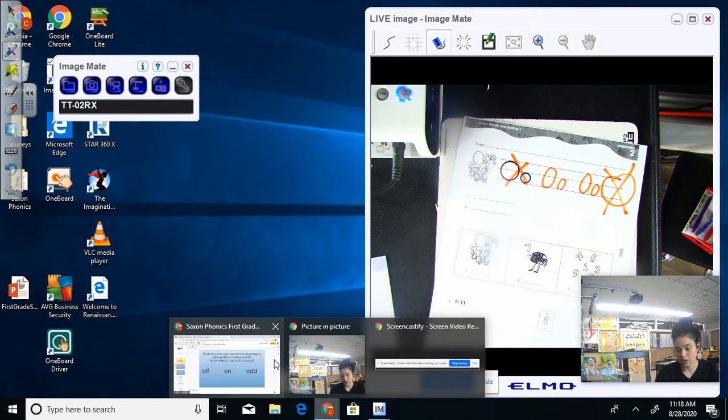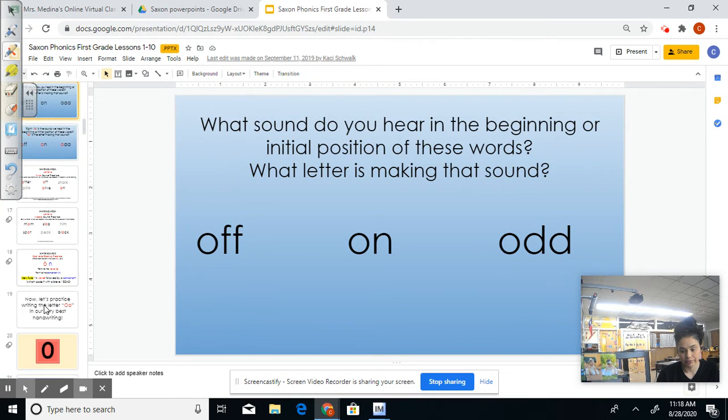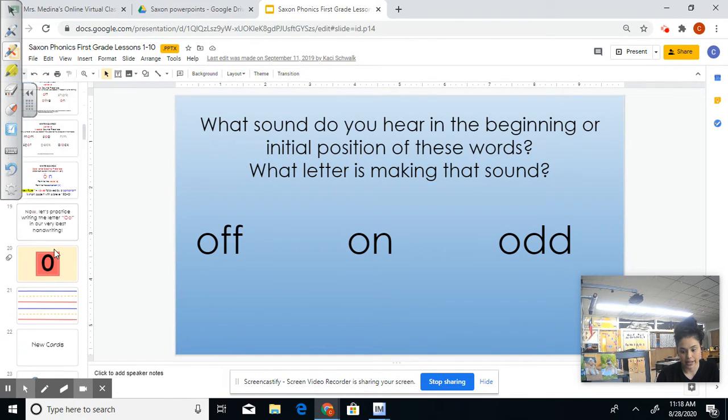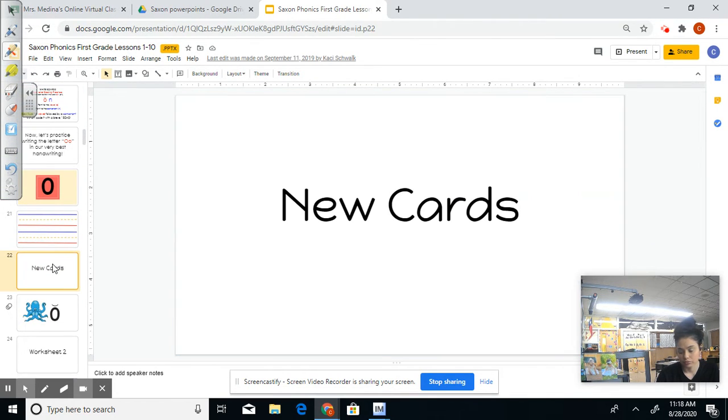Alright, so we are going to look at our picture card right here. The keyword for O begins with ah. Listen to these clues and see if you can guess it. Raise your hand when you know what it is, but please don't say it. Well, you can at home, I guess. This animal lives in the ocean.